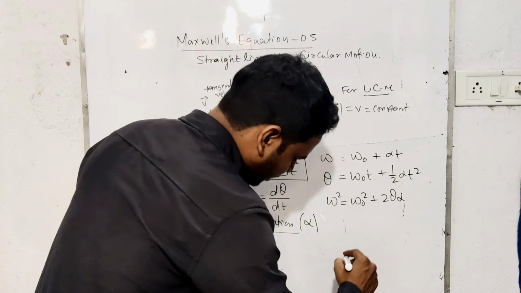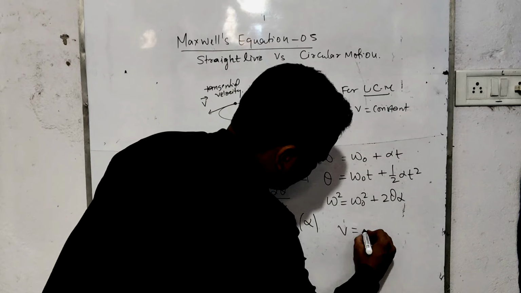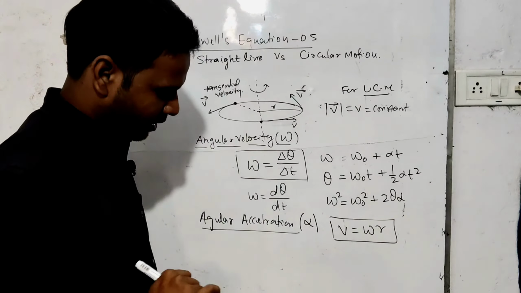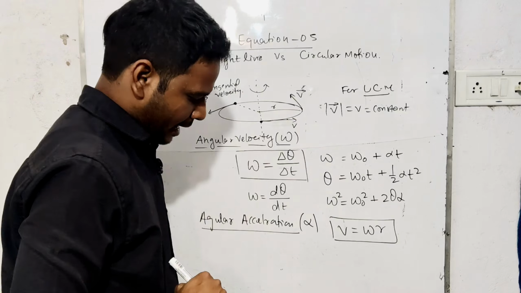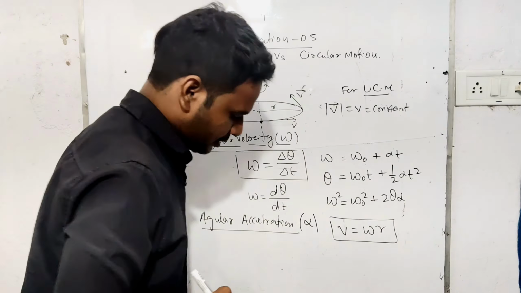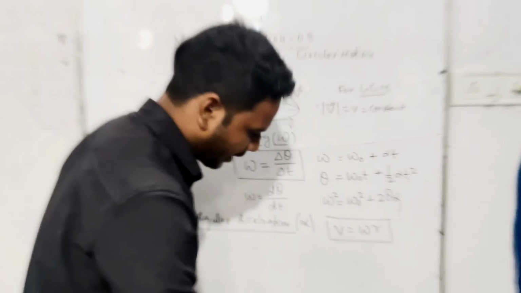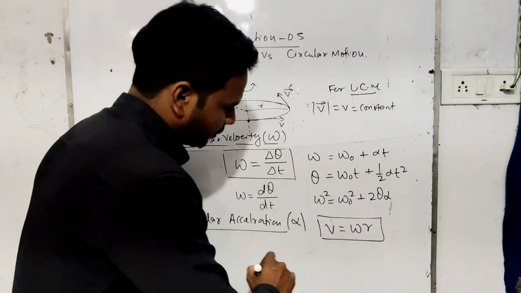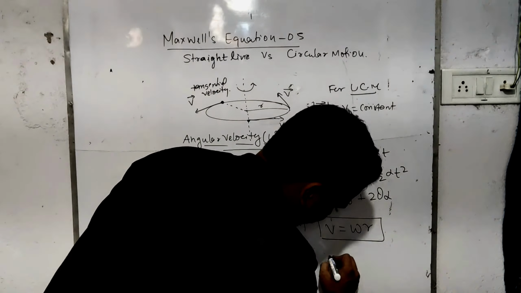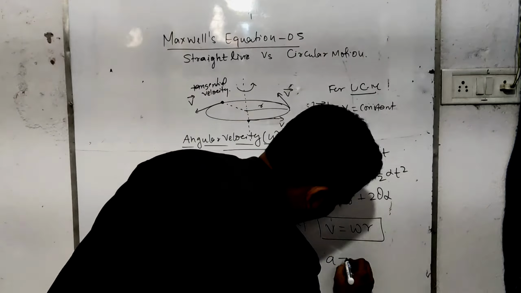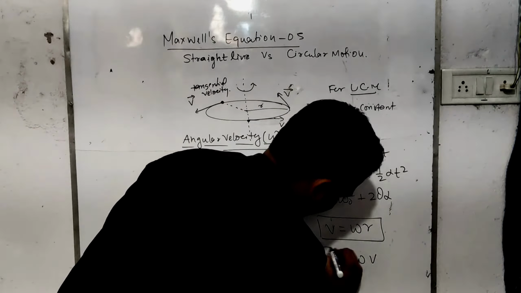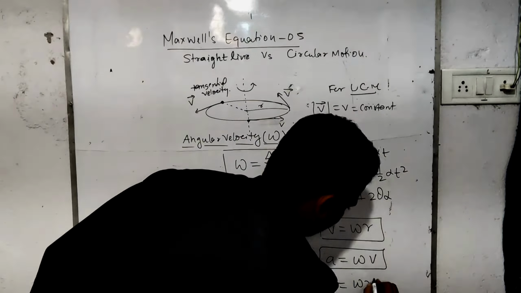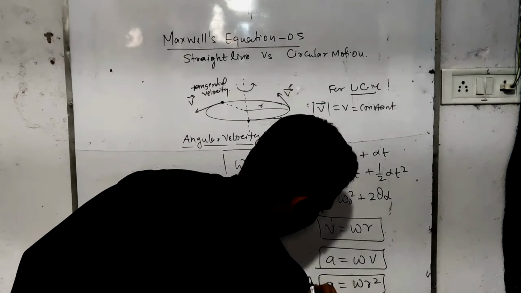A formula: tangential velocity is related to angular velocity, in terms of magnitude, as v = omega r, and there is also a formula for acceleration, a = omega square r.